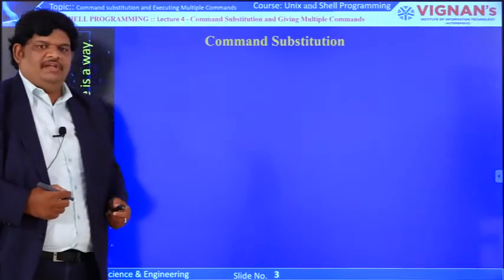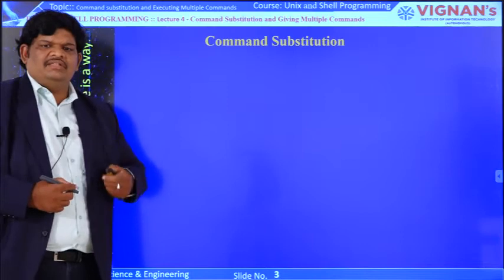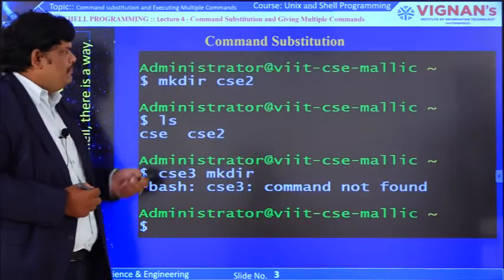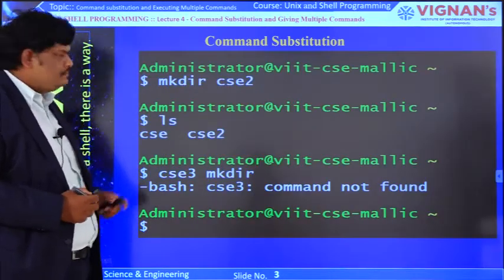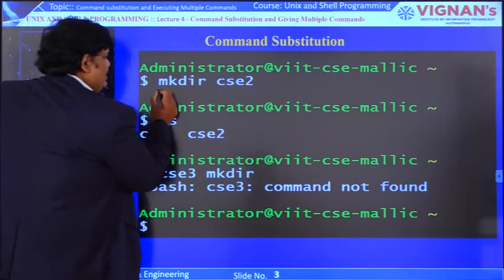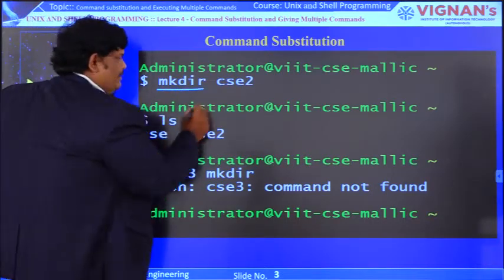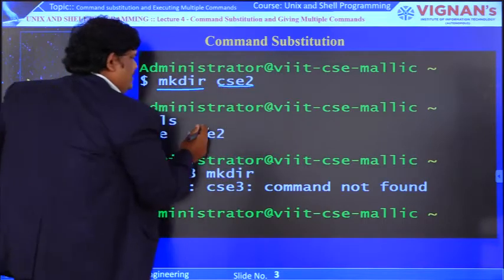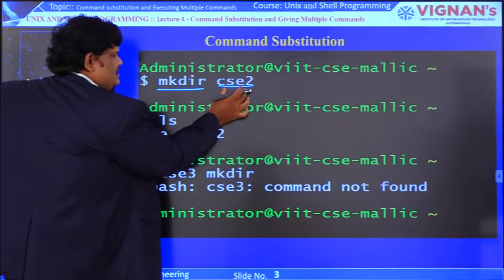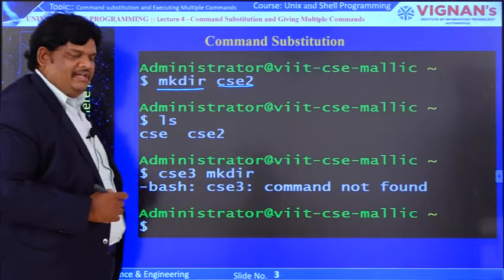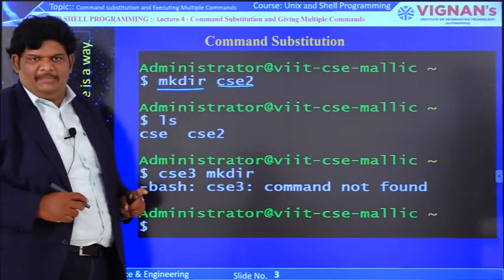Let us see what the meaning of command substitution is, or what the need for command substitution is. Before that, let us see this example. Here is the mkdir command, and this is the directory name. That means with the name CSC2 we are going to create one directory with the help of the mkdir command.